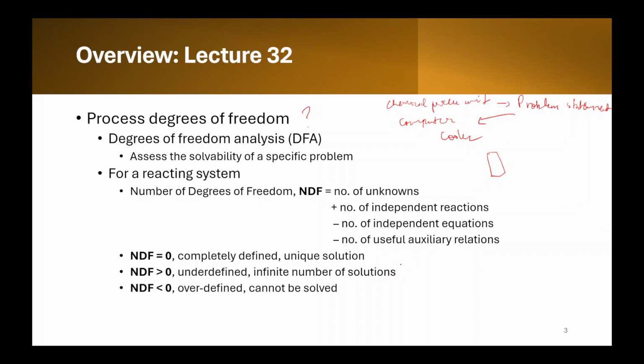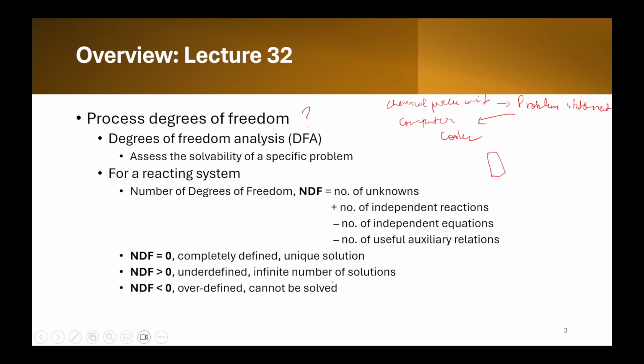Basically, in this formula of NDF you are taking the difference between the number of unknowns and the number of equations.